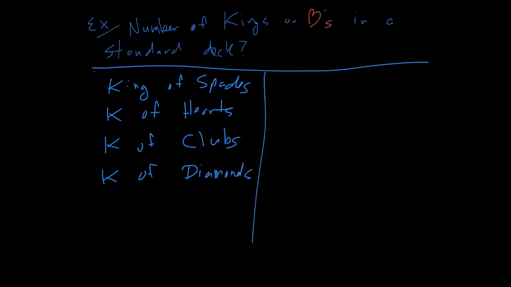So if I want to count the number of kings or hearts in a deck, then I would count the number of kings plus the number of hearts, and then subtract off the number of cards that are kings and hearts at the same time. Well, this is easy.